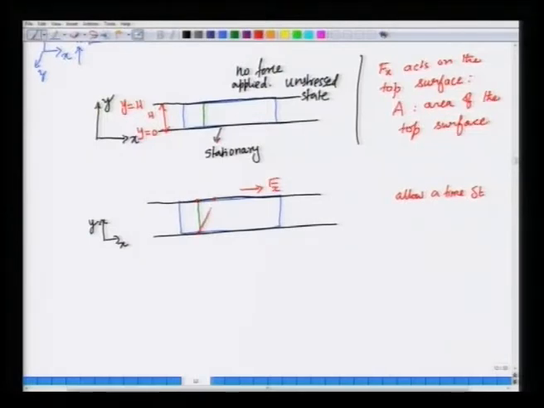So, upon application of force, this line will move like this. This green line is the line in the unstressed state, with no force.